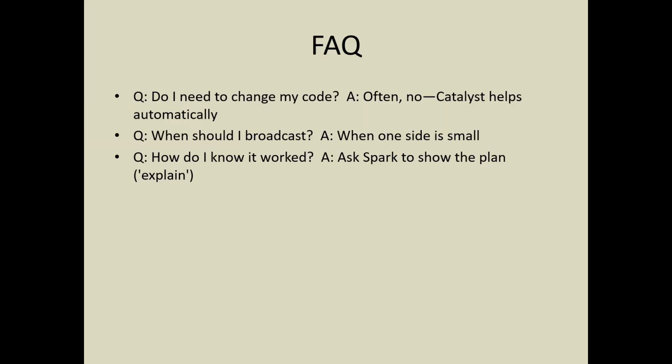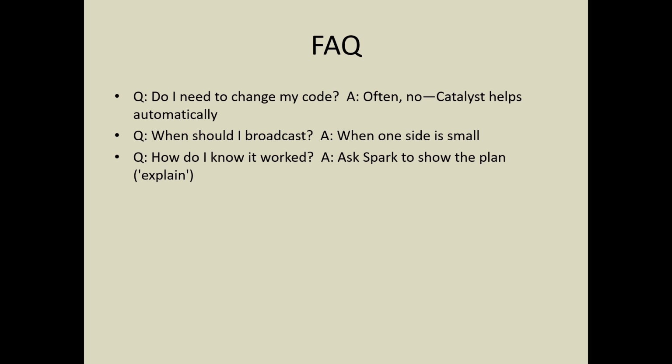So, facts. Do I need to change my code often? No. Catalyst helps automatically, as I mentioned. When should I broadcast? When you have one small dataset, limited data, say 10 MB, and another big dataset, maybe in GBs or terabytes.